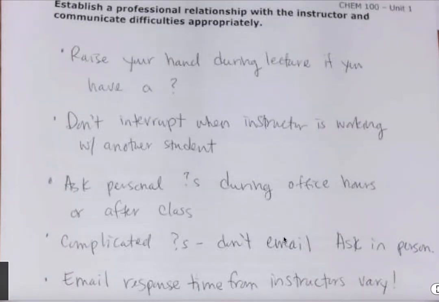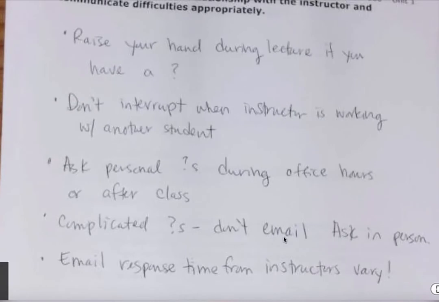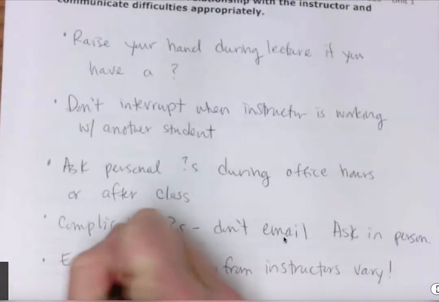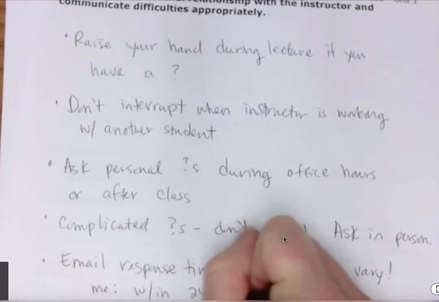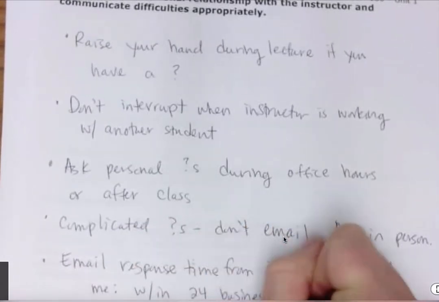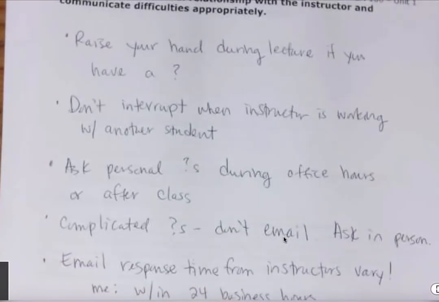I usually try to respond to my email within 24 hours. This is 24 business hours. So if you email me Friday night at 7 p.m., you won't get a response back until Monday. The latest will be Monday at 7 p.m. That's what I'm saying.